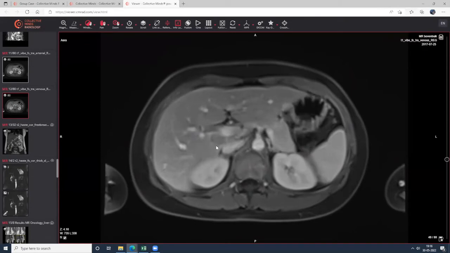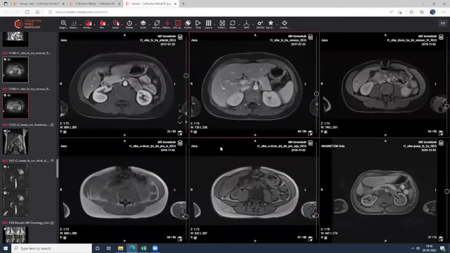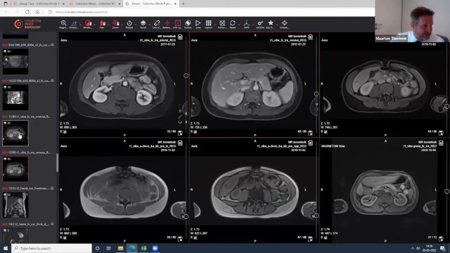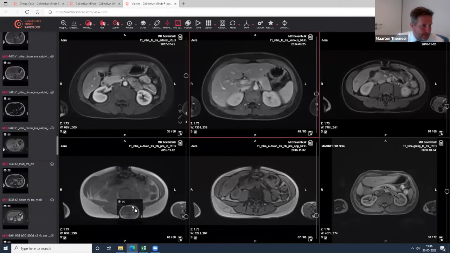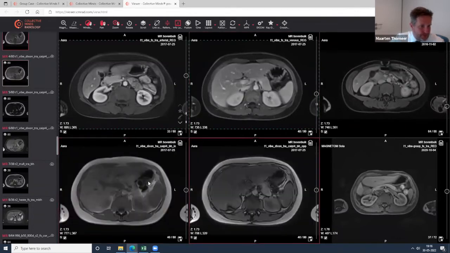Okay, that's new for me. Two lesions, and I have the impression that based on the in and out phase, they also contain a huge amount of fat. So this is the out of phase.